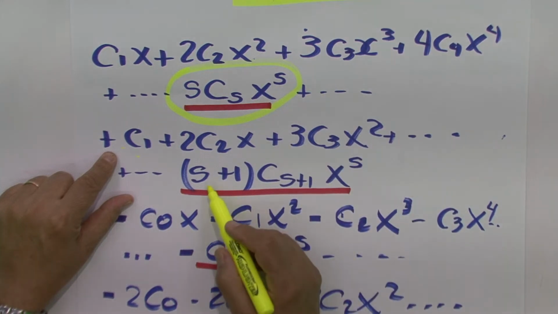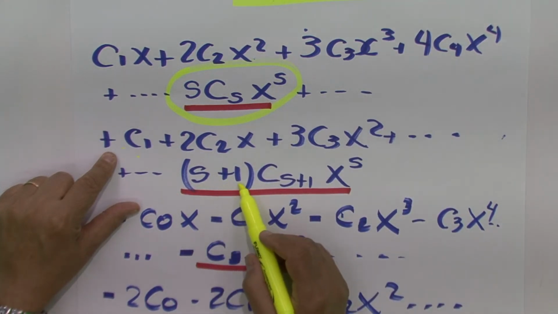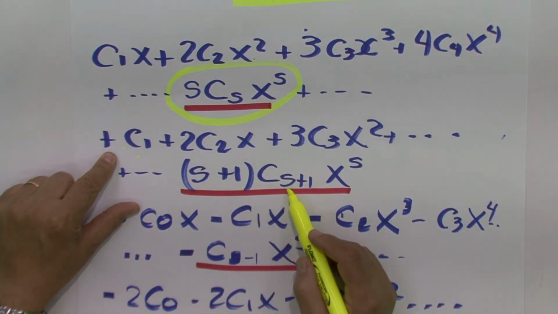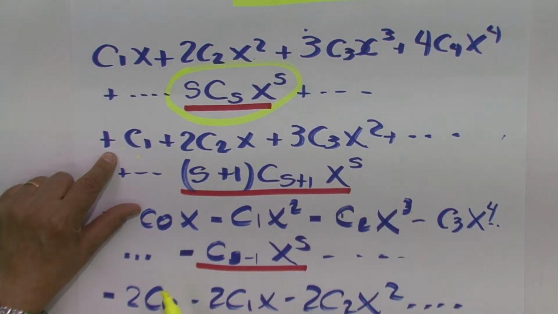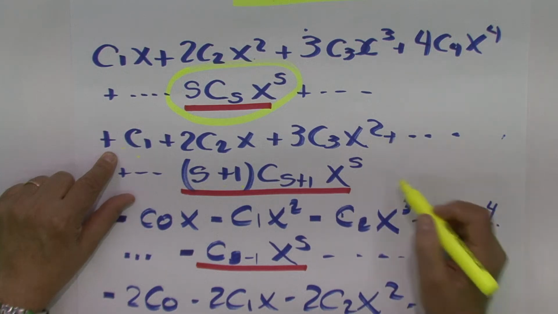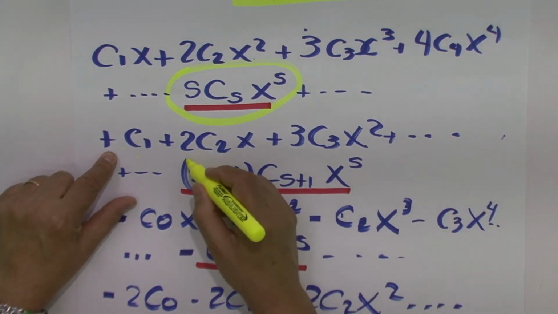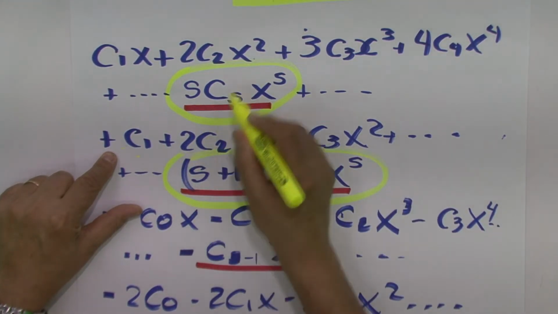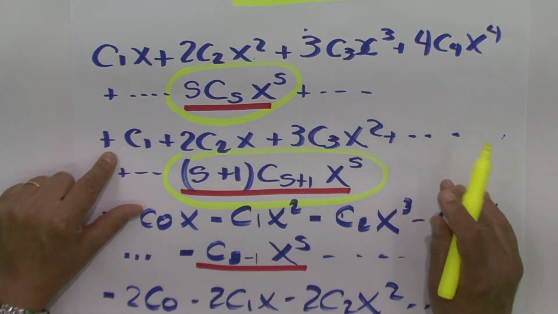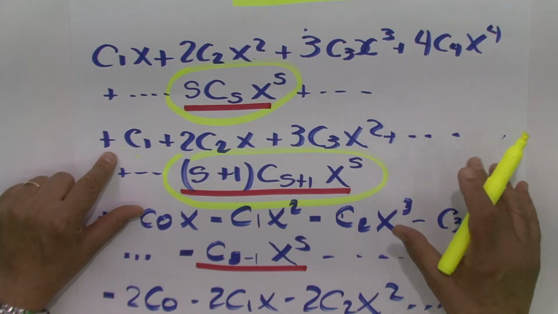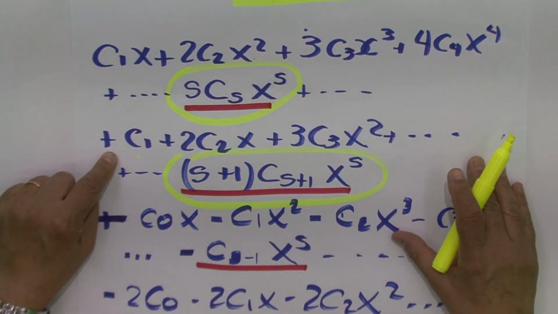And this can be expressed as (s plus 1) times the coefficient C(s plus 1) times x to the power s. This is a generic term for the second term here. This is algebra, right? You all know how to multiply polynomials, x times polynomials and constants times polynomials.